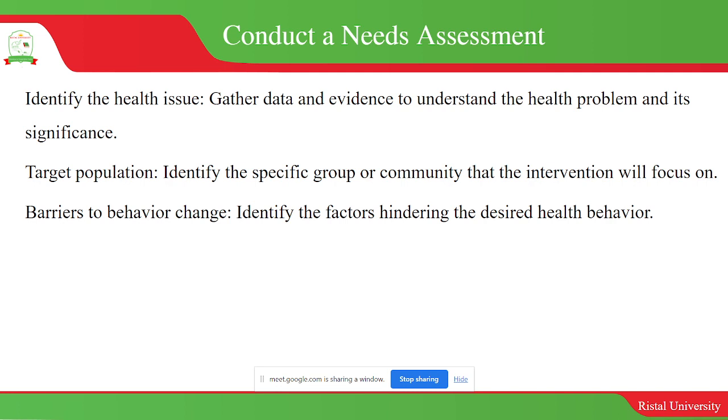What is preventing people from implementing the behavior or practicing the behavior that you want to focus on? If you identify these factors, then you can be able to design an appropriate intervention, or even your health message will be relevant. It means your message will be addressing issues that are actually happening.